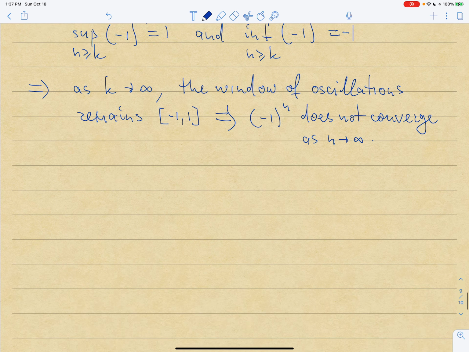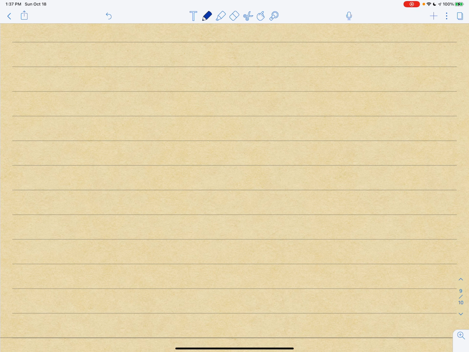So what I want you to take out of this is the following: if I want to find the window of oscillations in the tail of my sequence as n is getting bigger and bigger, what I would need to do is to chop off more and more elements from the beginning of the sequence and continue taking suprema and infima.